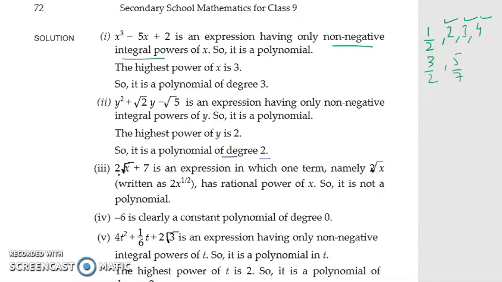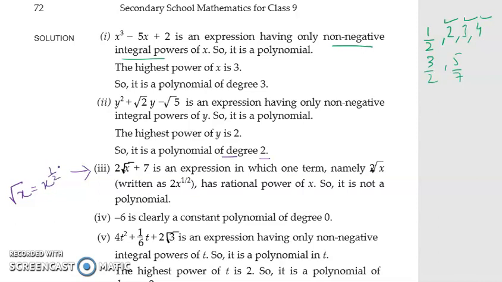Now third, very important: 2 root x plus 7 is an expression in which one term, namely 2 root x, is written as 2x to the power half. When you remove the root, as I had already explained, root x means x raised to the power 1 by 2.